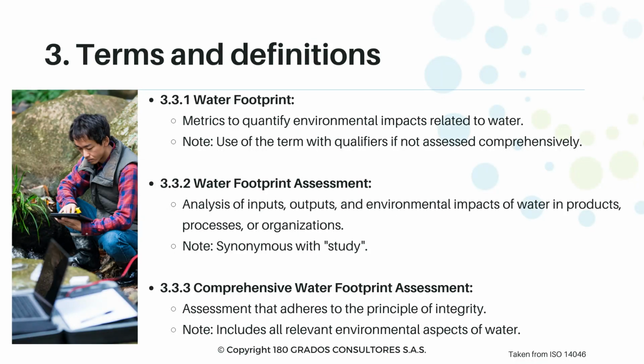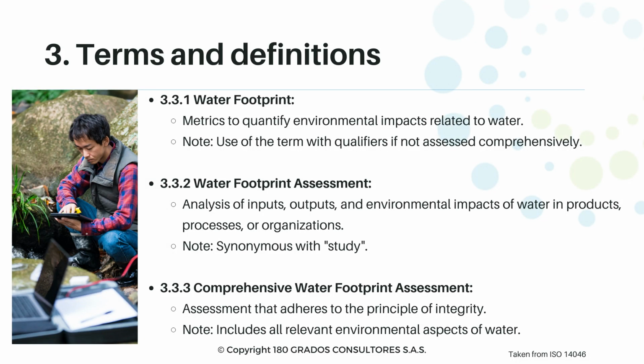Another concept is the water footprint assessment. It involves the collection and analysis of the inputs, outputs, and environmental impacts of water use or affected by a product, process, or an organization. This assessment, often used synonymously with a study, is crucial for understanding the full scope of water-related impacts.